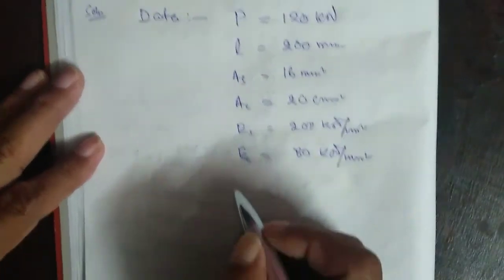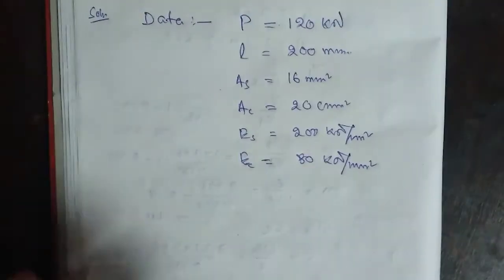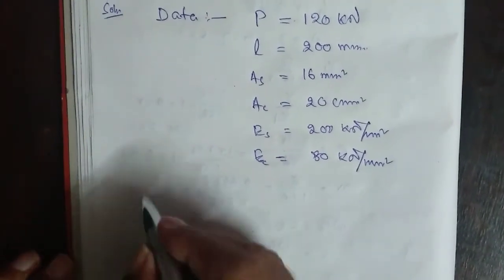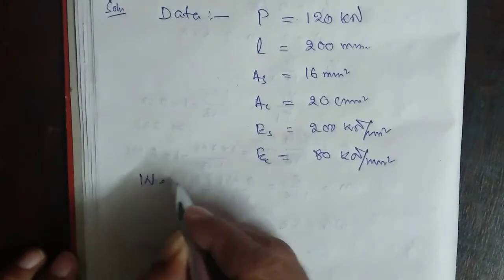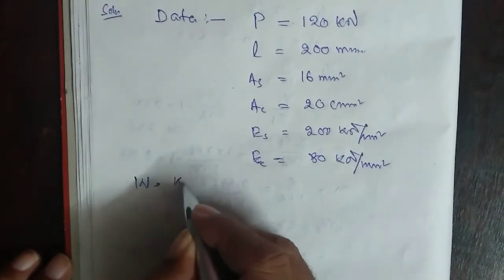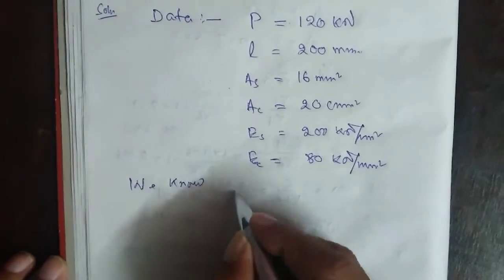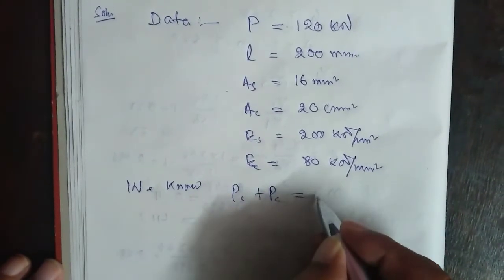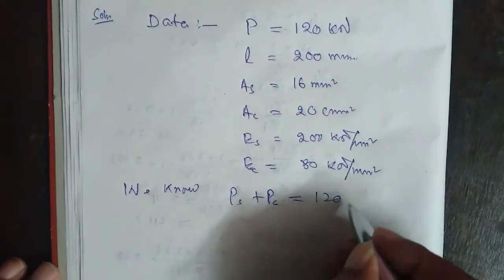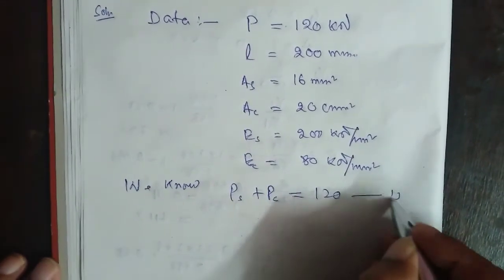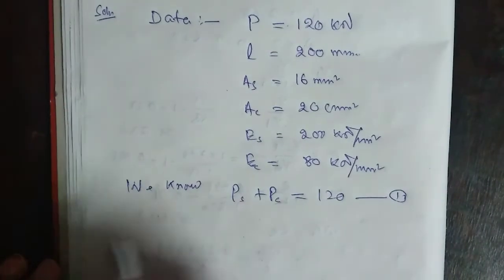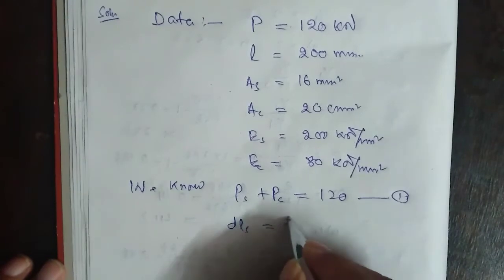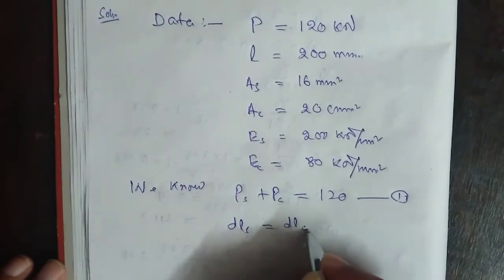Then we know that the load PS plus PC will be equal to total P, that is 120 kilonewton. Let this be equation number 1. Now the second equation is that the change in length will be the same. Change in length of steel will be equal to change in length of copper.